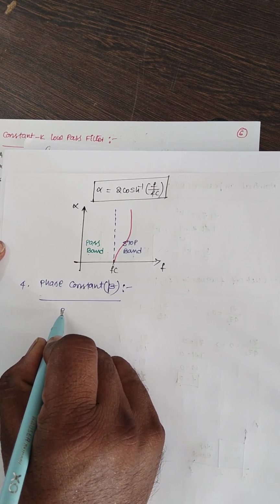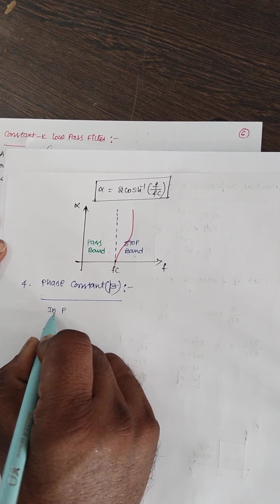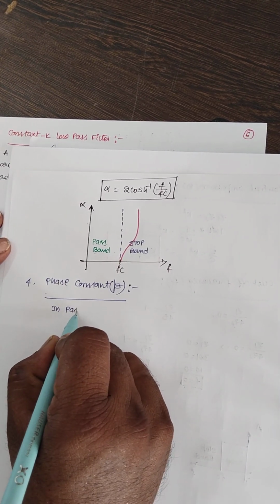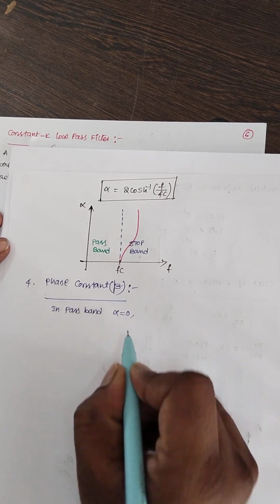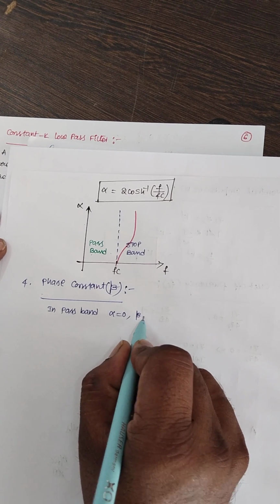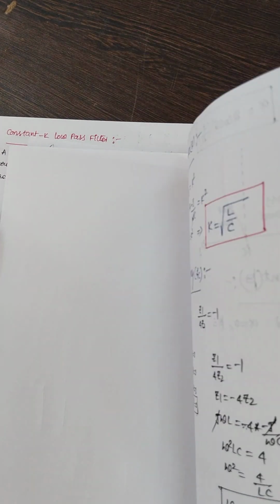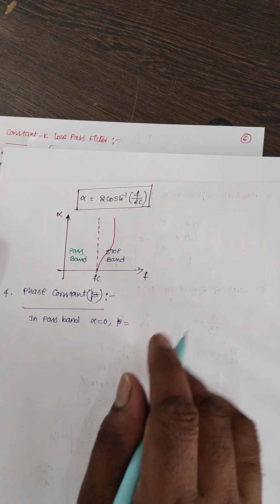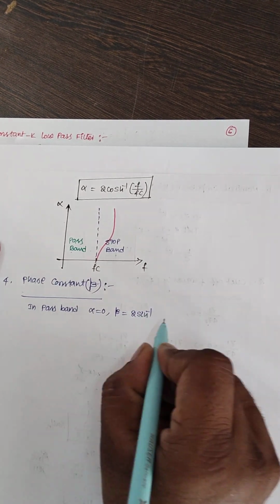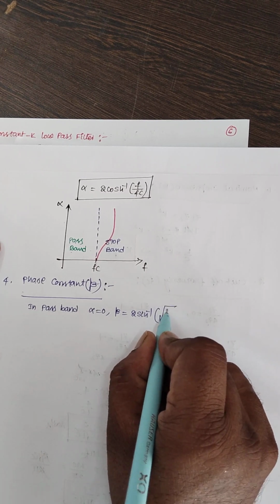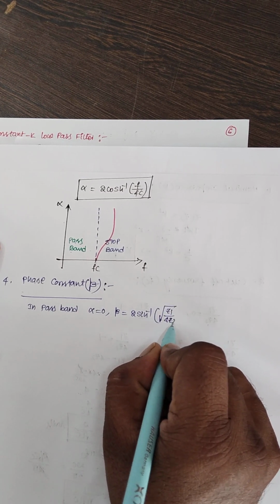Let me write here. In pass band, alpha is equal to 0, beta will have an expression. What is that beta? This beta expression is 2 sine inverse of square root of z1 by 4z2.